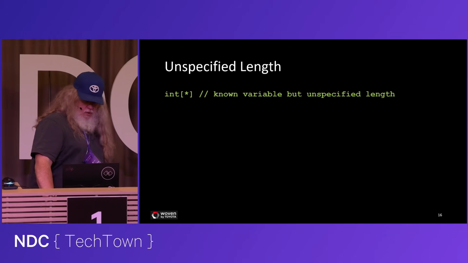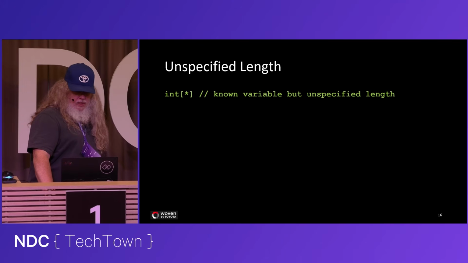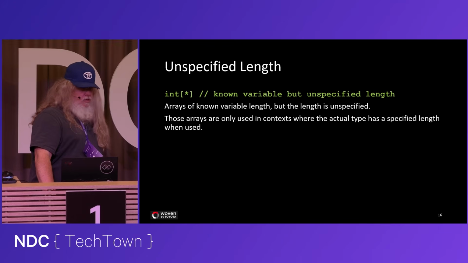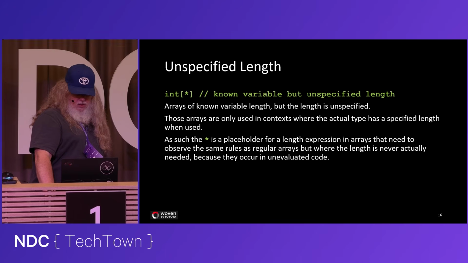So the third way we would specify the size of an array is with a splat between the brackets. So these are arrays of known variable length where the length is unspecified. So these are only used in contexts where the actual type has a specified length by the time it's used. So it's where you don't need to know the type at the location this is used.